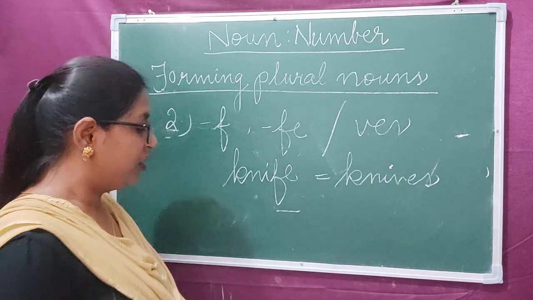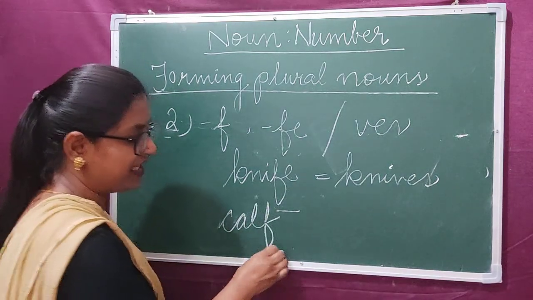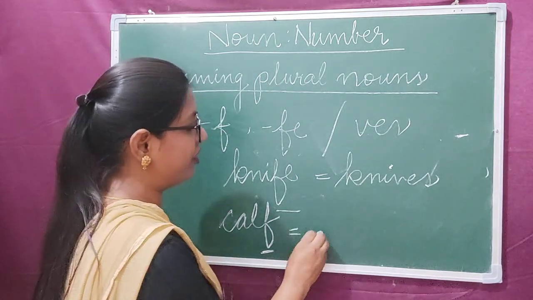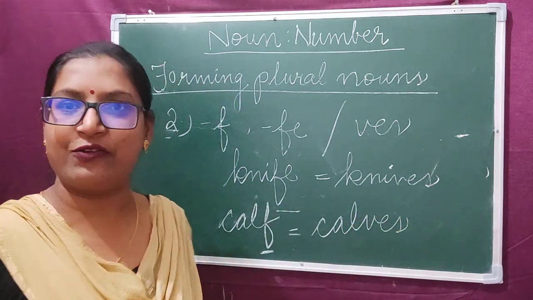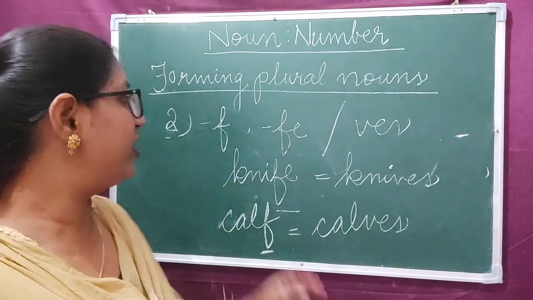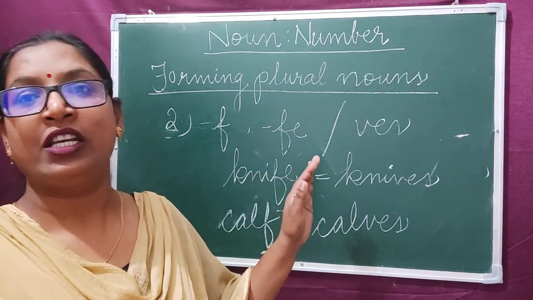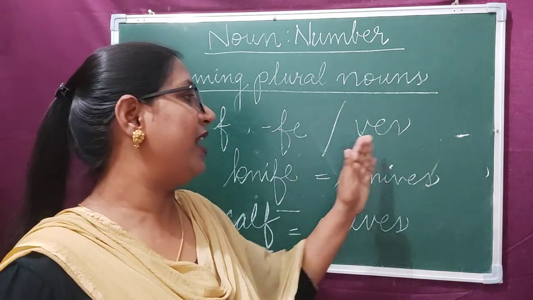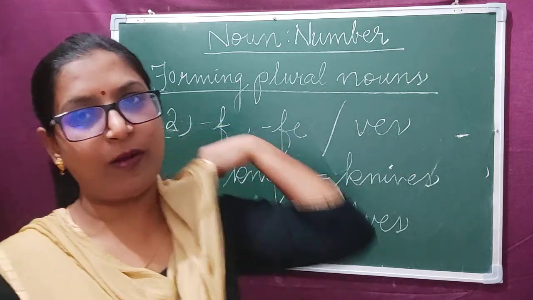Clear? Calf. C-A-L-F, calf. It is ending with F. So, calf will be changed into C-A-L-V-E-S, calves. So, always remember when the nouns are ending with F or F-E, F or F-E are dropped and we use V-E-S instead to make the plural form.